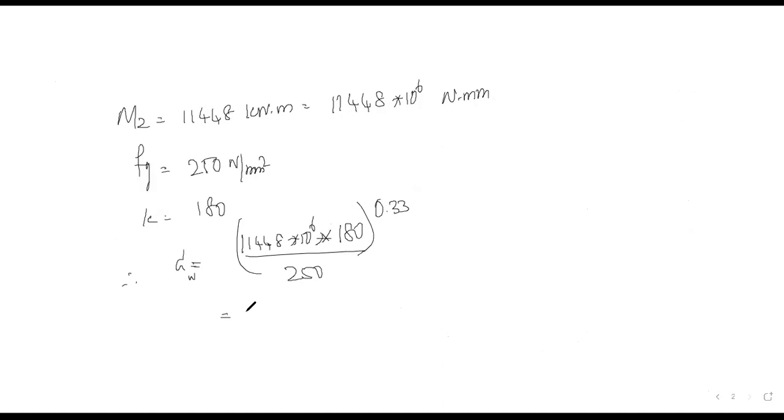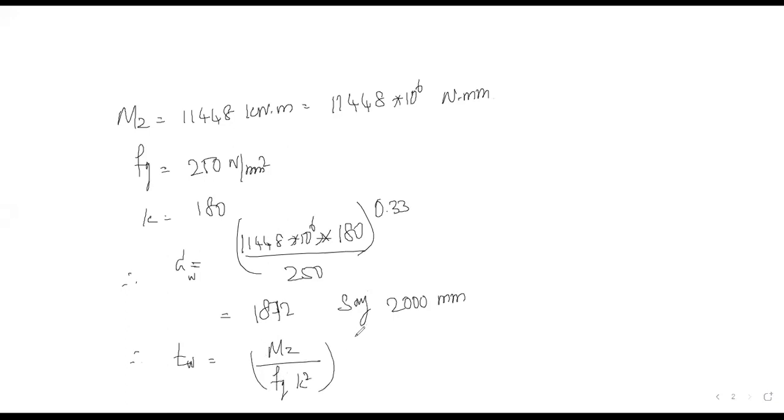Then the value becomes 1872. So approximately we are going to take some 2000 mm. Therefore, thickness of web is nothing but Mz divided by fy into k square.